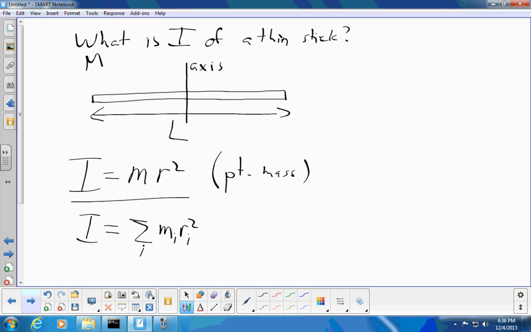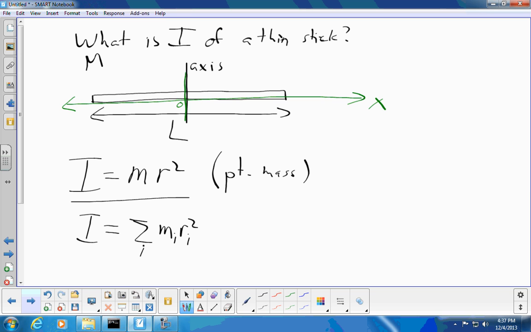I'm going to chop this up. The first thing I need to do is set up a coordinate system. And the coordinate system will be, in other words, my x-axis. I'm going to have the origin of the x-axis be located at the axis of rotation. That's important. And so then I'm going to chop this up into a bunch of little pieces.